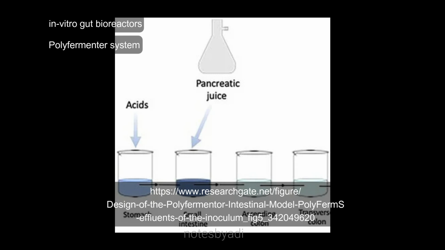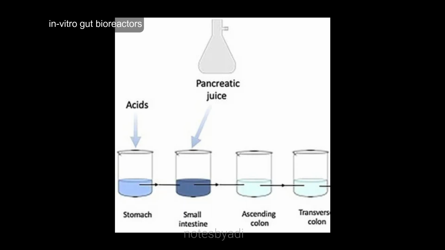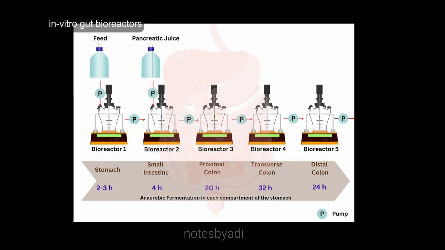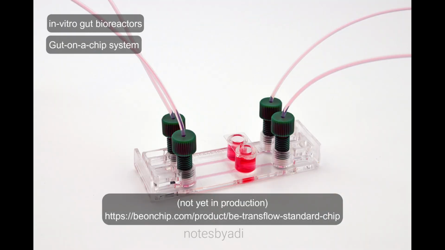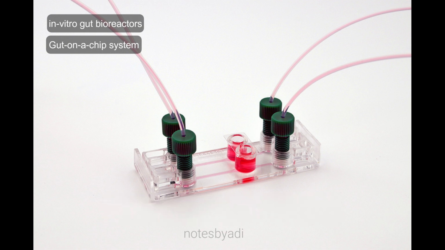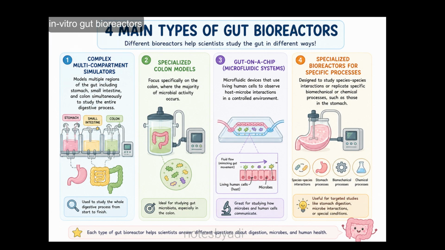This can allow parallel operation of multiple reactors to compare the different treatments on the same microbiota. The gut on a chip system allows high throughput screening of gut microbiota modulation. Finally, there are specialized species simulators, which can be for specific animal gut intestine systems like pigs, dogs, and cats.